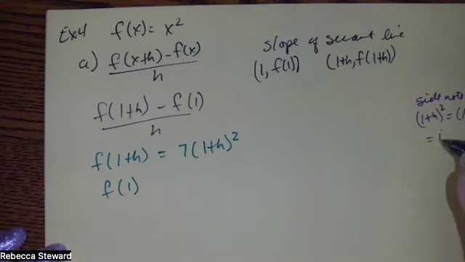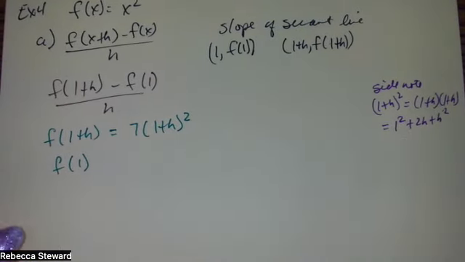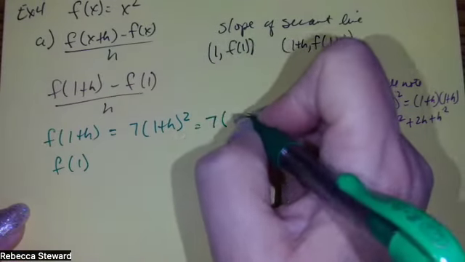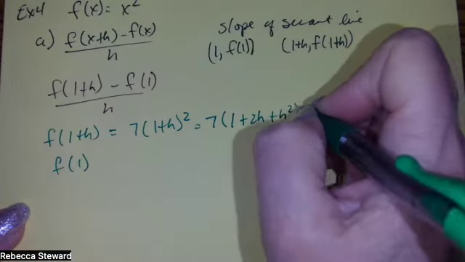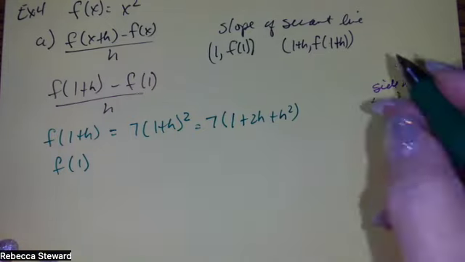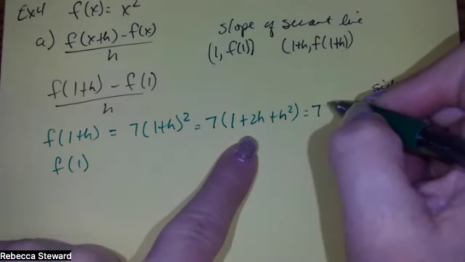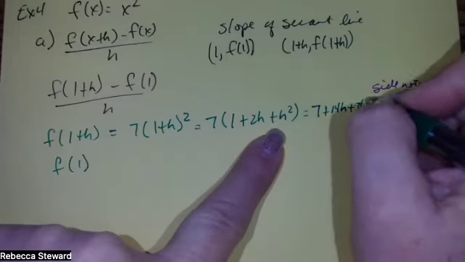That is going to get us 1 squared plus 2h plus h squared, and of course 1 squared becomes 1. So that's going to get us 7 times our 1 plus 2h plus h squared. We've done this on a couple of problems, on 1c and 2c. So this will equal 7 plus 14h plus 7h squared.